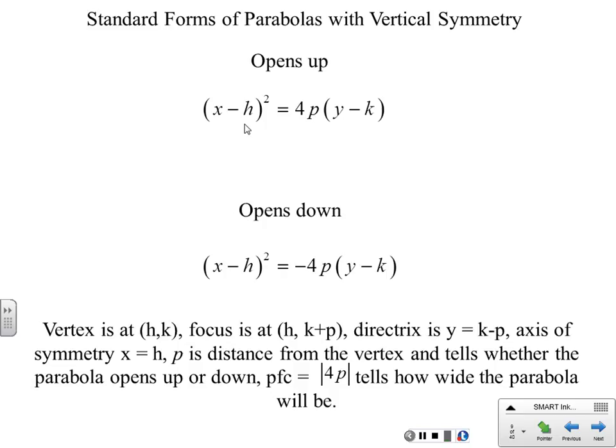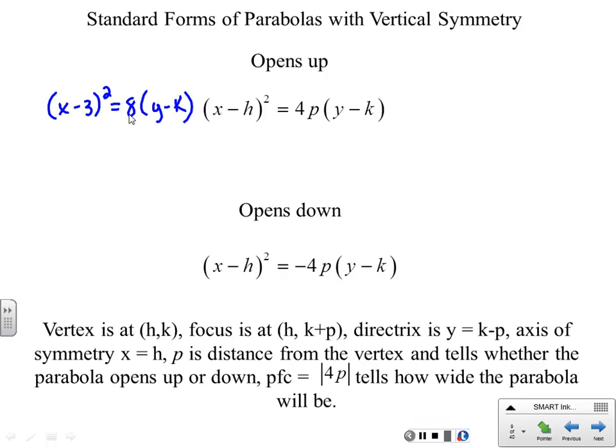All right? Now, what's the difference between these two? Well, there's going to be a number right here. It's going to look like (x minus 3) squared is equal to 8 times (y minus k). This one, I know, is going to open up because 8 is positive.